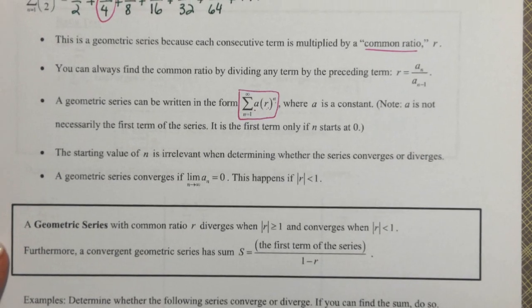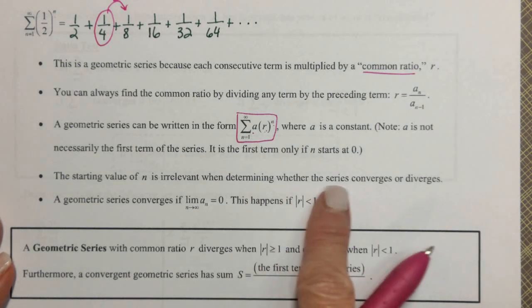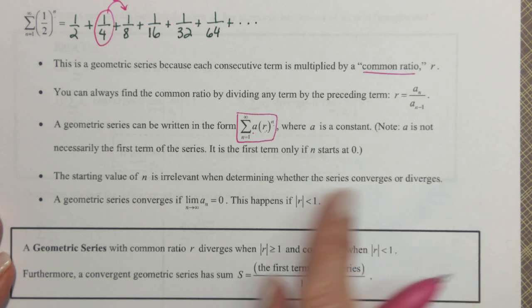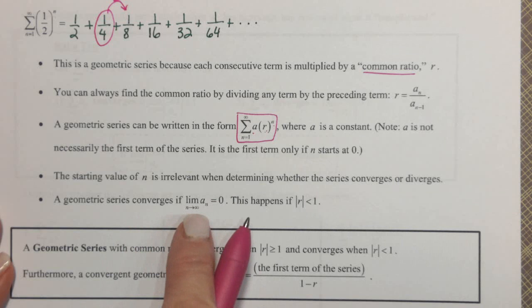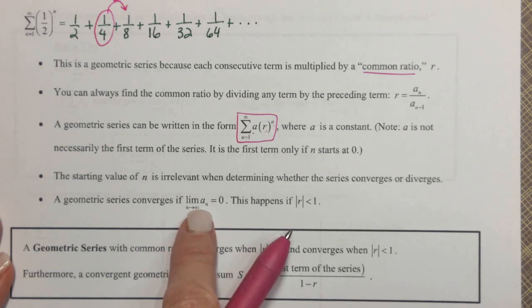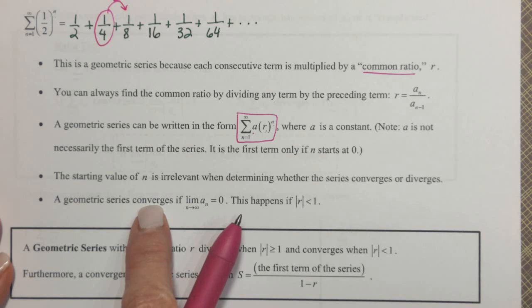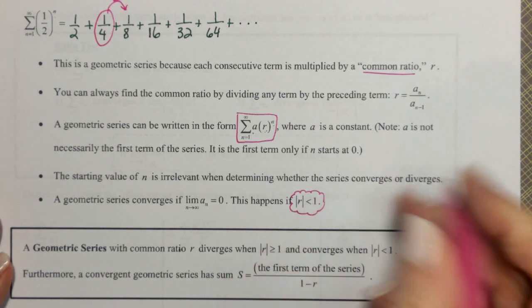All right, the starting value of n is irrelevant when determining whether the series converges or diverges. And a geometric series, if you cannot use the nth term test, converges if it's geometric and the absolute value of r is less than 1.